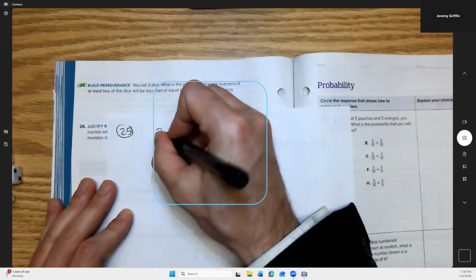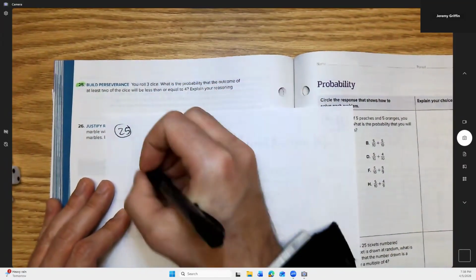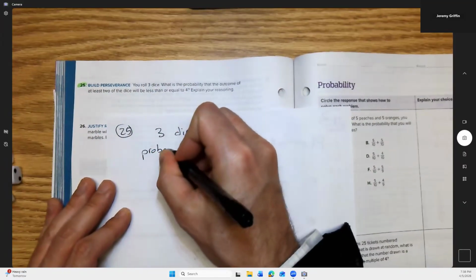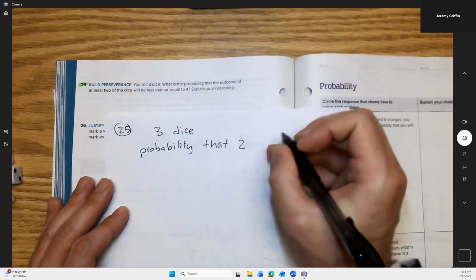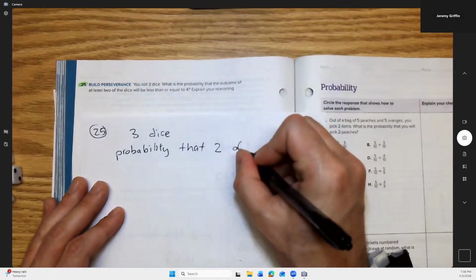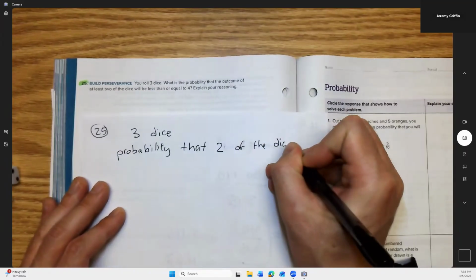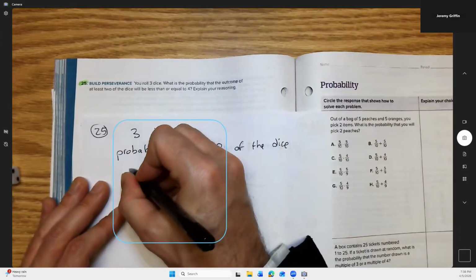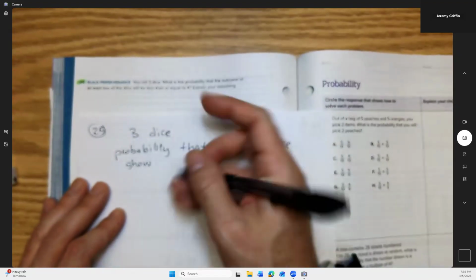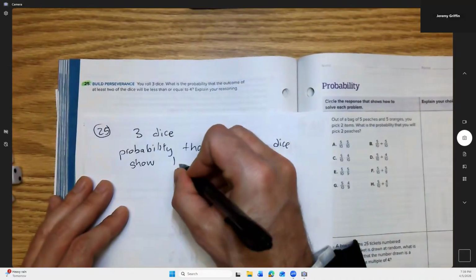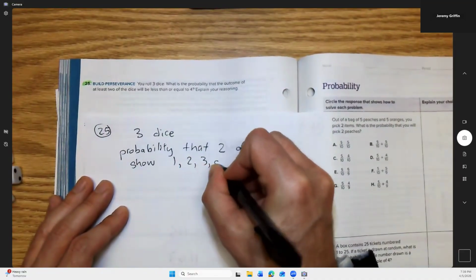Okay, so 3 dice. Okay. We're looking for a probability that 2 of the dice show less than or equal to 4, so I'll spell that out as 1, 2, 3, 4.